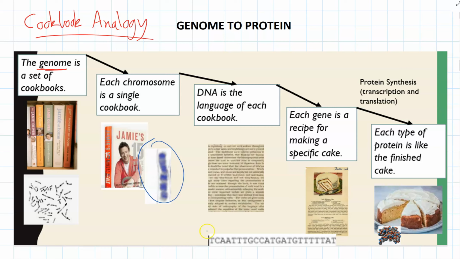And that section of DNA we call a gene. It's a particular set of bases that tells a cell how to make one protein. And so therefore, just like you make a cake by following the recipe, the cell makes a protein by following the recipe on the gene.